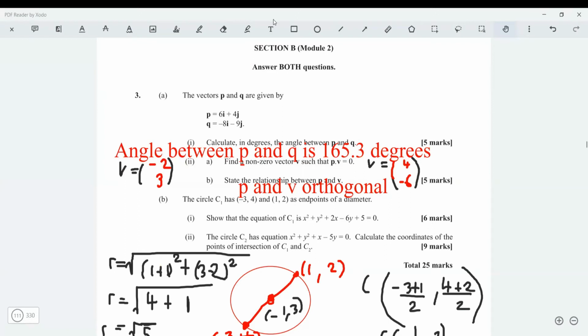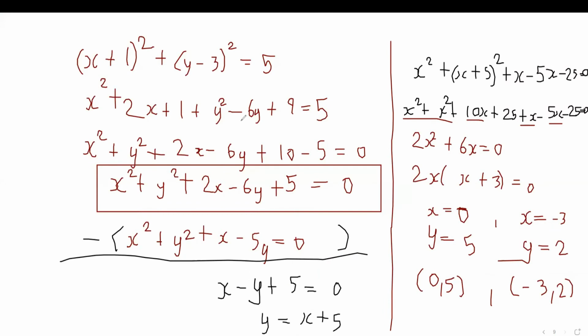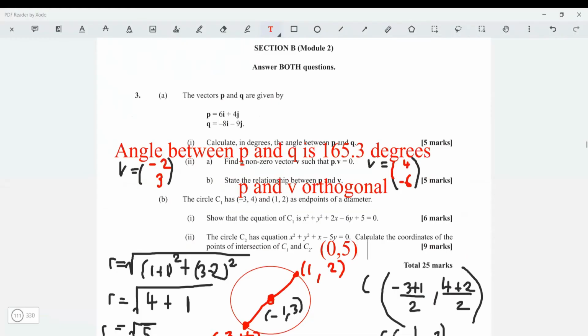So the points are 0, 5, and negative 3, 2.